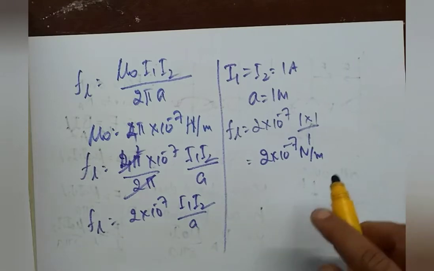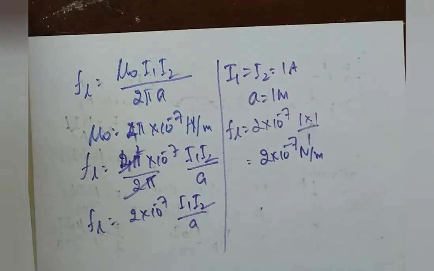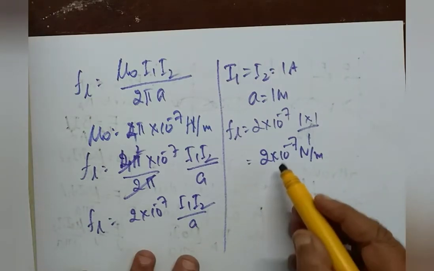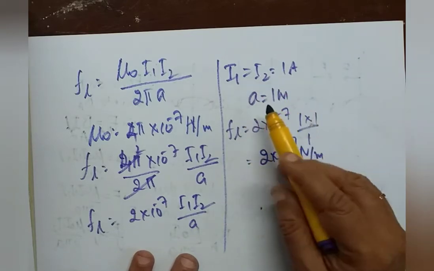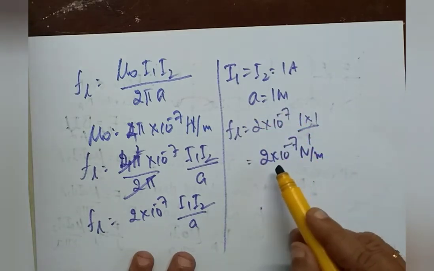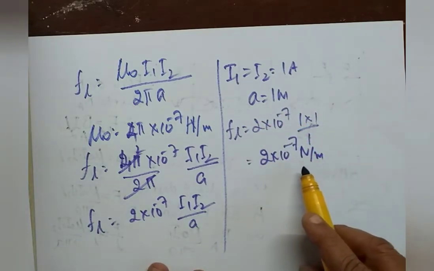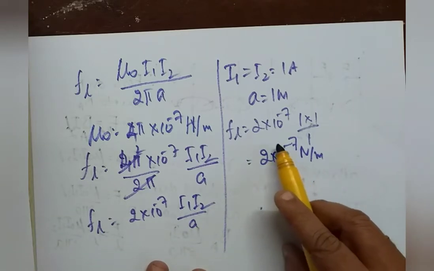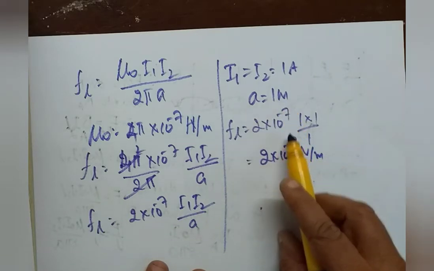Just observe carefully now. 1 ampere is that steady current which, when flowing through two infinitely long parallel conductors, produces a force of 2 into 10 raised to minus 7 Newton per meter on each other when they are kept with a separation of 1 meter in free space.